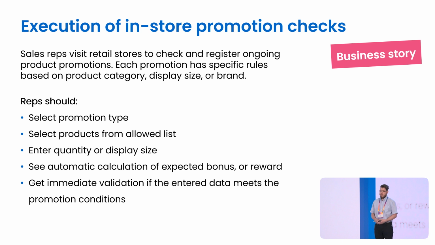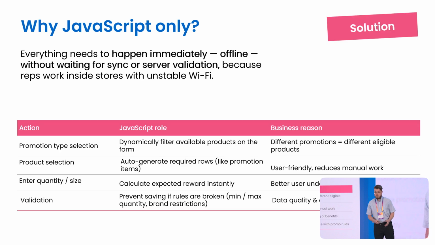And they need to create a record in the system, and this is the first place where we are implementing the first technology. The technology I chose for this one is JavaScript, and the reason is that the user needs to have real-time feedback from the system.